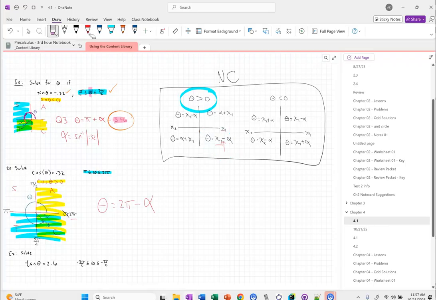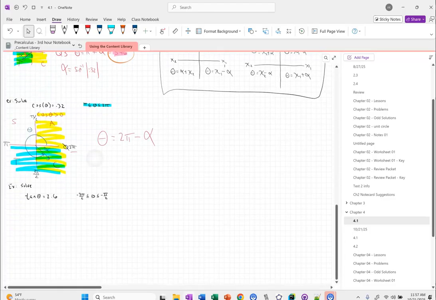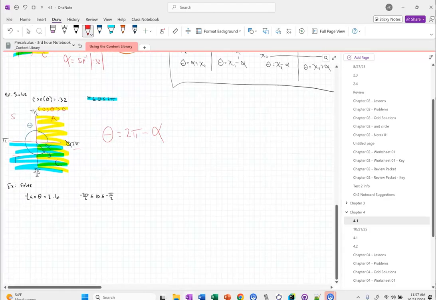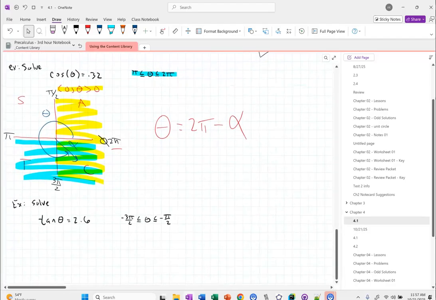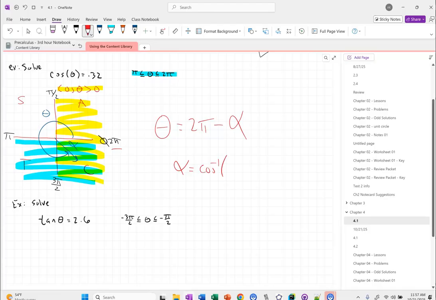Okay. The last thing I need now is to find out how to find my alpha. How do I find alpha every time? Cosine inverse of the absolute value, 0.32.